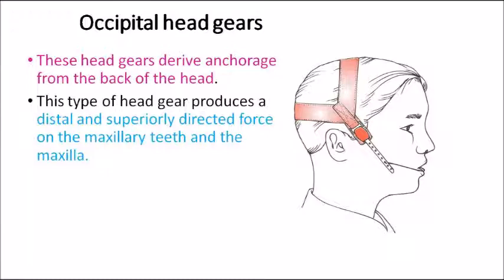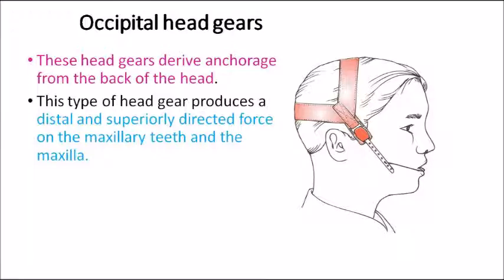So please note, a cervical headgear has a distal component and, apart from that, tends to cause extrusion of the upper molars. But an occipital headgear has only two components of force: one is the distal force, and the other is a superiorly directed force towards the maxilla as well as the maxillary dentition.